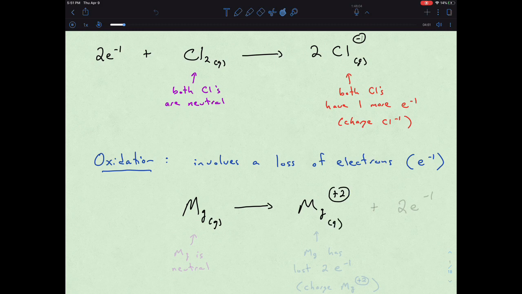Here we have magnesium going to magnesium +2. So just like we had the chlorine going to something negative, as far as a charge is concerned, we have now something similar going to a charge, but notice that the charge is opposite in sign, positive as opposed to negative. And so this would be looking at a loss of electrons.